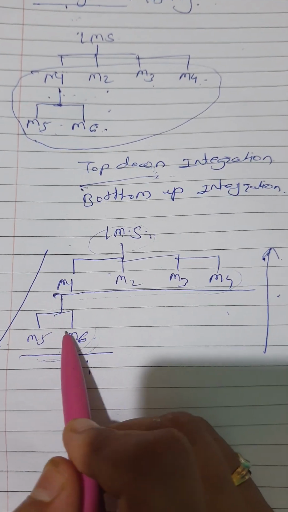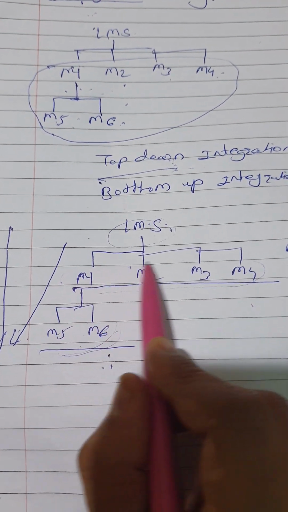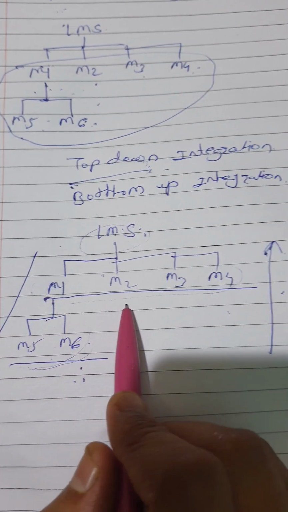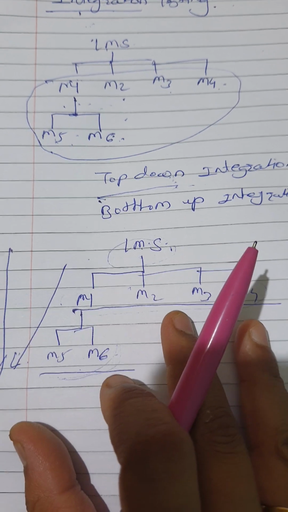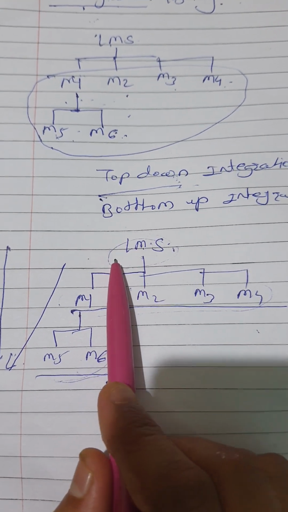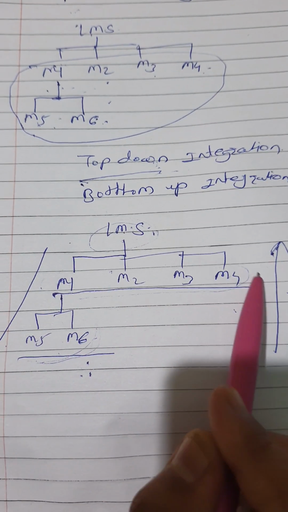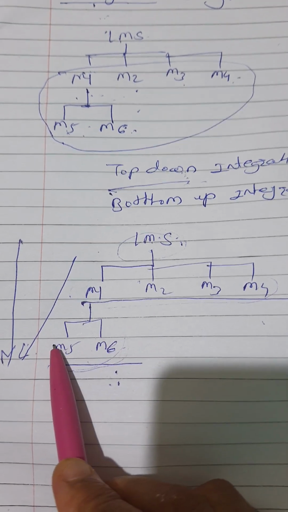So integration means you combine different modules, different units or individual parts of software, and then perform testing. Such testing is called integration testing. In this system, top down integration means first test the library management system, the whole system, then test these 4 modules together, then test these 2 modules together.